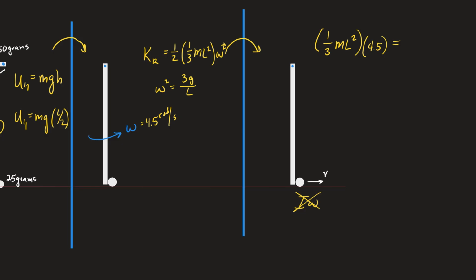So there will be angular momentum for a point mass, which technically is r cross p, where r represents a torque arm in this circumstance. The torque arm is really where the ball is moving relative to the bar, and that is this length L.